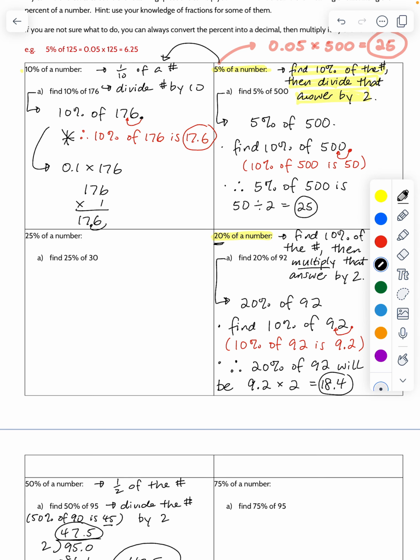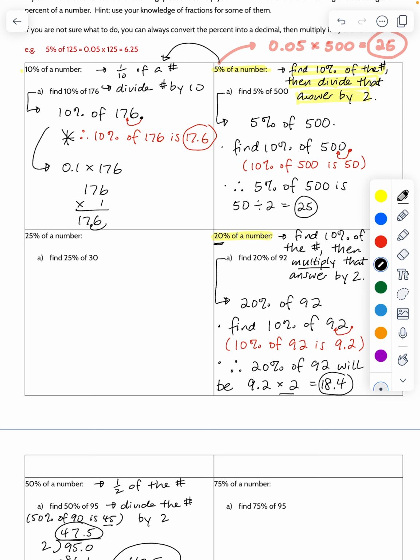So again, that's how you find 20%. You find 10% of the number, which is 9.2 because we moved the decimal point to the left by 1, and then you multiply that answer times 2, because 20 is 10 times 2. So you think about the relationship between 10 and 20%.